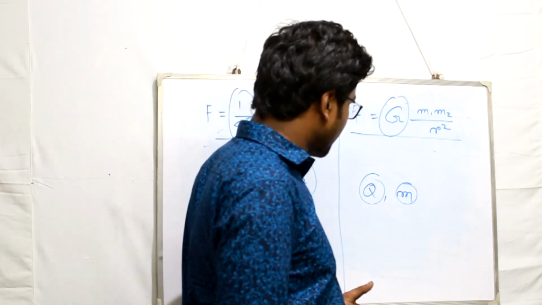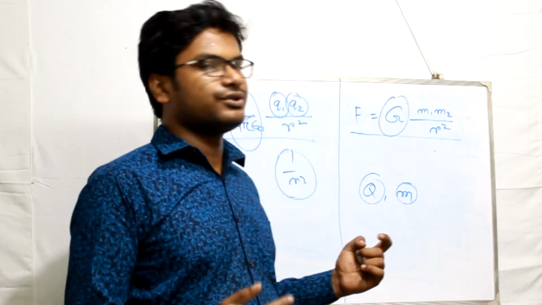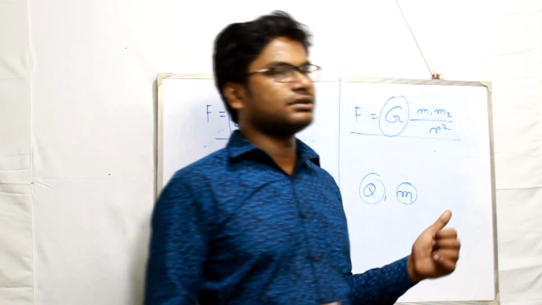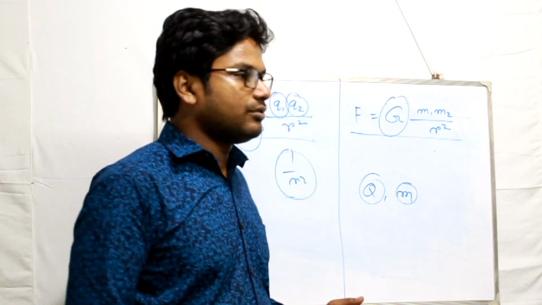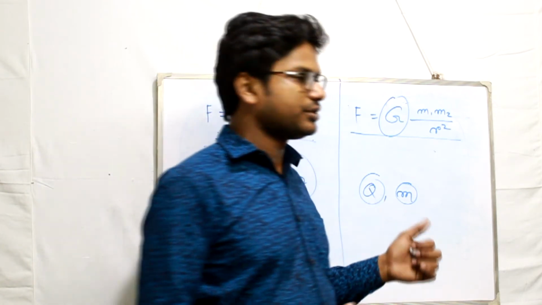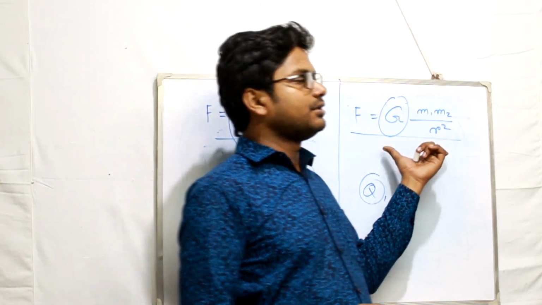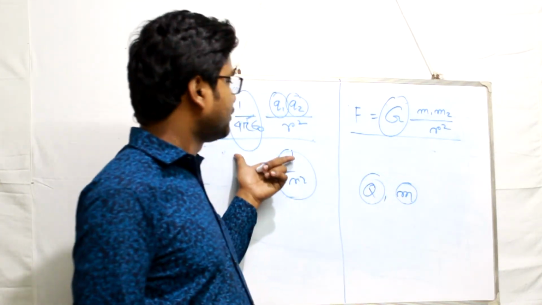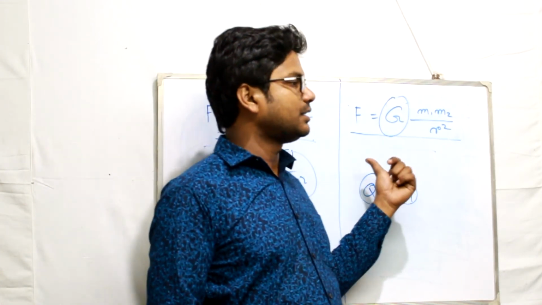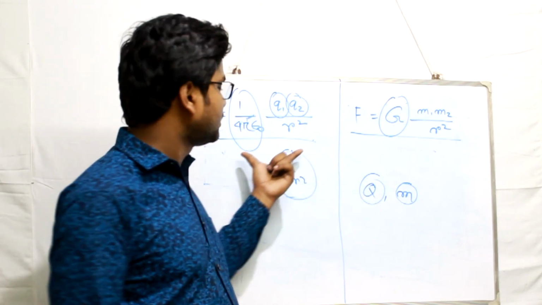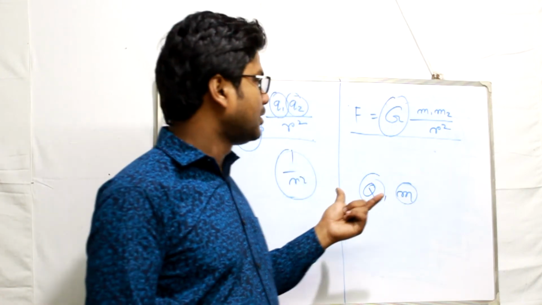A particle must have a positive, negative, or 0 charge, but in the case of mass, the concept of negative mass is not there, so it must have a positive value of mass, while Q may be positive or negative. That is the reason this gravitational force is only attractive, but the electric force may be attractive or repulsive. Like charges repel each other, and unlike charges attract each other. But here the gravitational interaction is only attractive, not repulsive in nature.